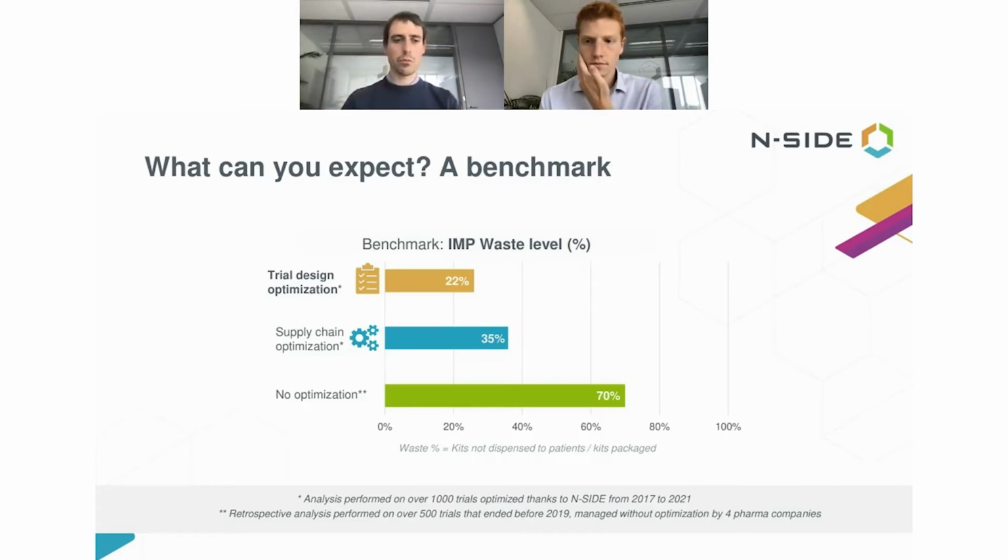This is something that we've been working on with our partners for a long time. It's now part of their standard process. Every single new trial goes through this optimization phase of optimizing parameters, optimizing protocol design, involving the clinical supply chain in the IRT selection, in the CMO selection. And that's how we are able to reach those low levels of waste.